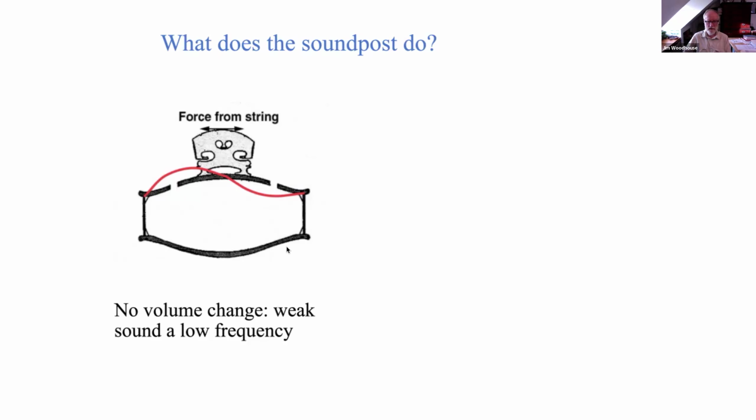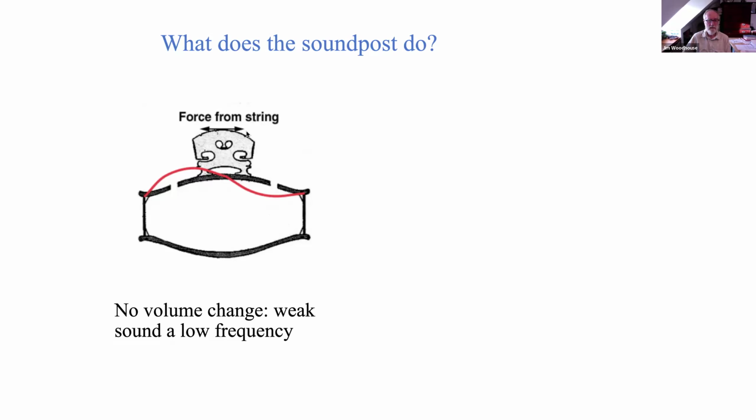And the reason is in these couple of sketches here. So here's a violin with no bridge and no soundpost, a completely symmetrical body. Here's the bridge. The vibrating strings apply forces at the top of the bridge, which are basically in this transverse direction. So what those tend to make the bridge do is rock.